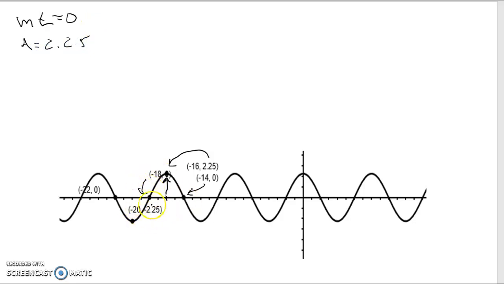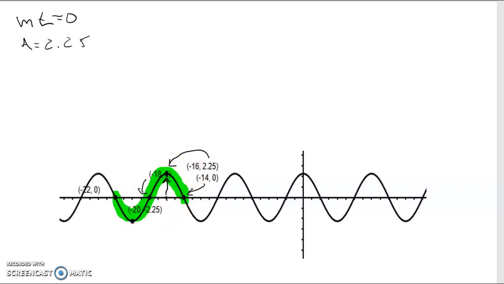We can also see that to go through one wave, we've gone through a trough and we're back to the beginning again. That x distance from negative 22, 0 to negative 14, 0 is a distance of 8. So it looks like our period is 8.